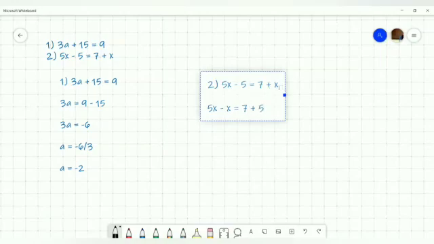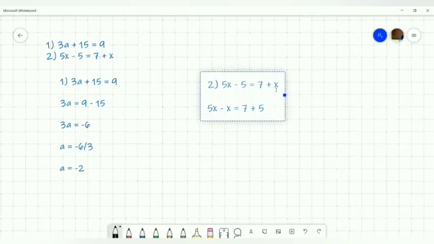This x I have shifted to the left hand side and it has become negative because it was positive on the right hand side. Remember children, whenever we are shifting any variable term or constant term from one side to the opposite side, always you have to change the sign. So now it is 5x minus x.